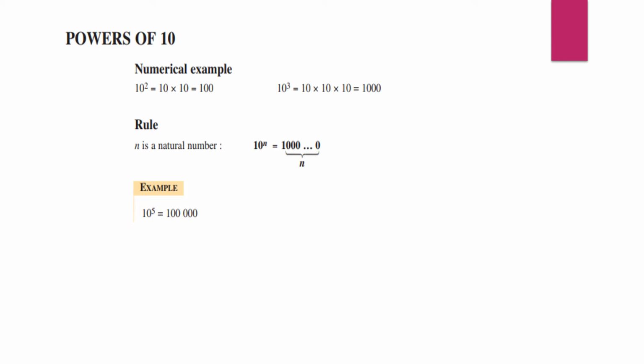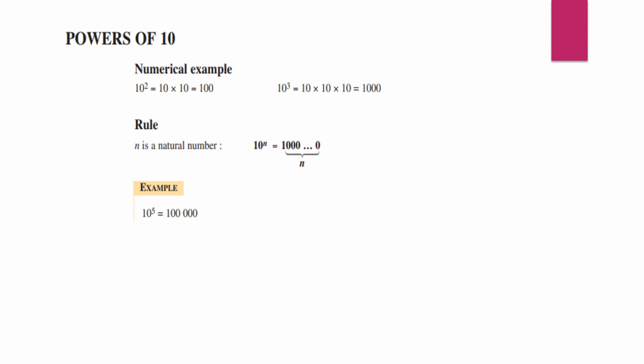Here, if we look at the example 10 power 5, we have exponent 5, which means we have 5 zeros beside 1. 1, 2, 3, 4, 5. We have 5 zeros because the base is a power of 10 and we have 5 in the exponent.